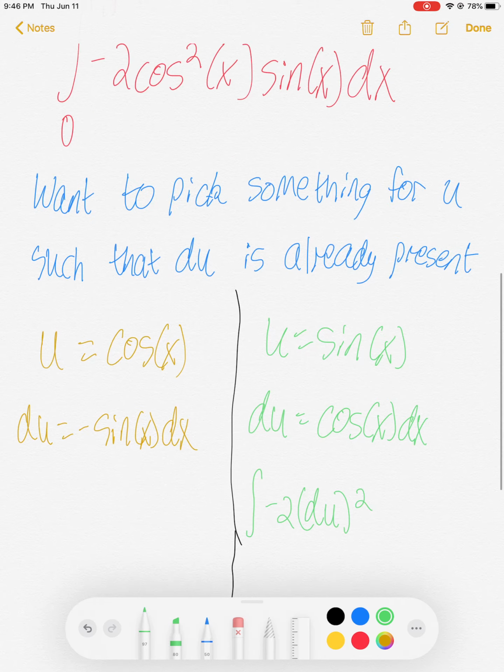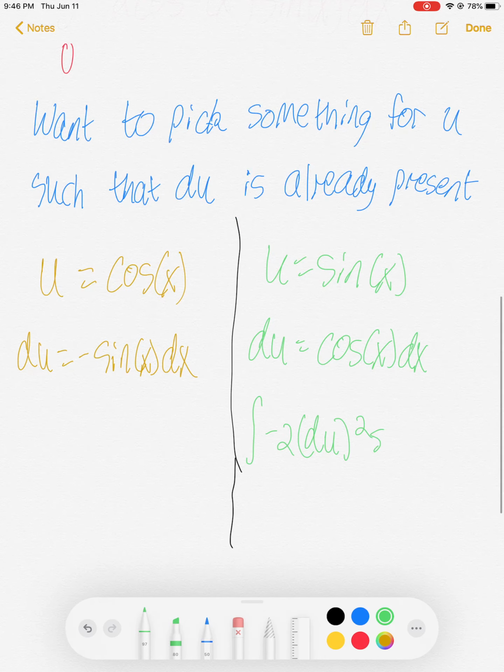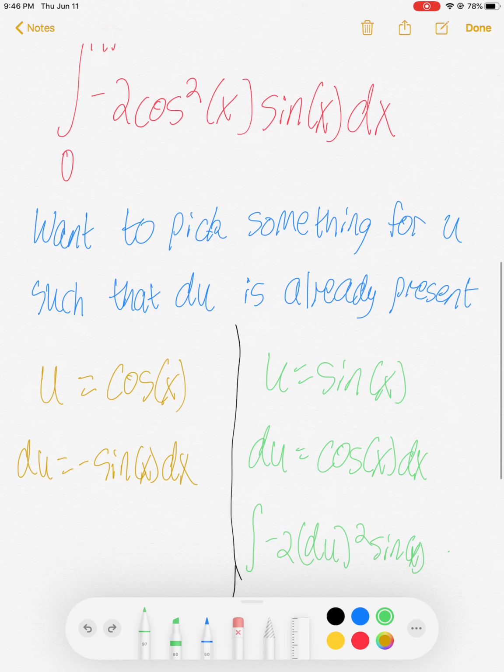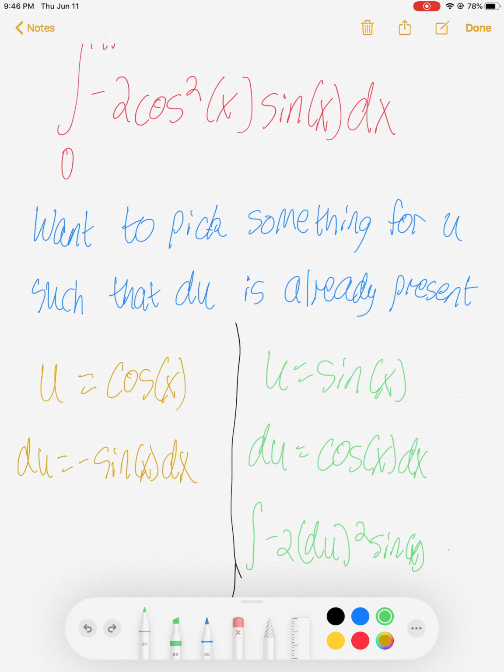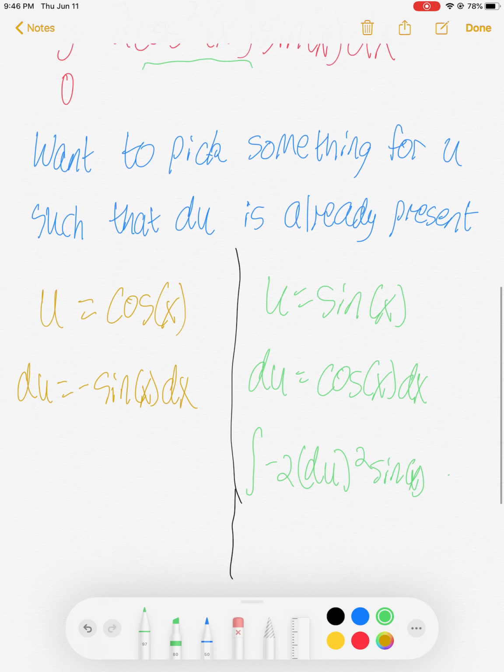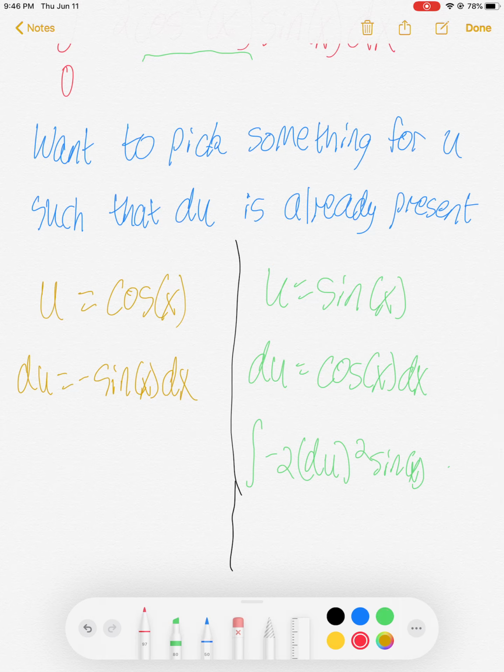For now, we're going to ignore the bounds and just look at the integral itself. So if I were to do that, this integral looks like I'm going to have minus 2, and then cosine of x dx. Well, I have cosine squared here, so this would be negative 2 du squared times sine of x.